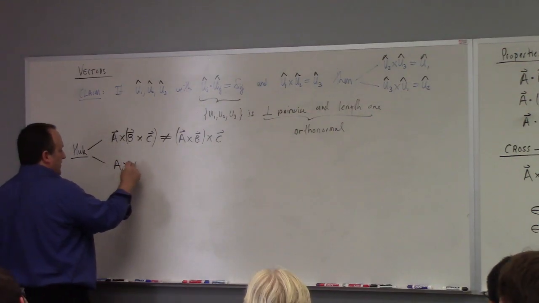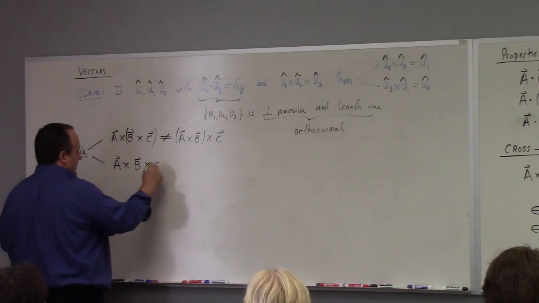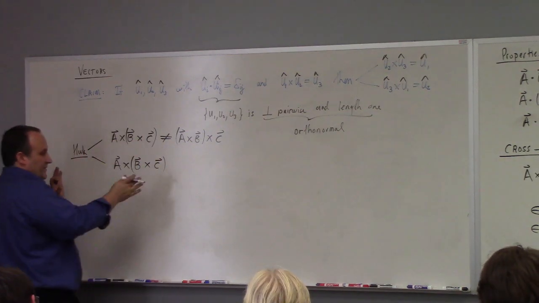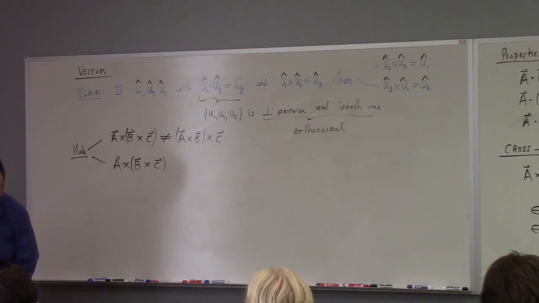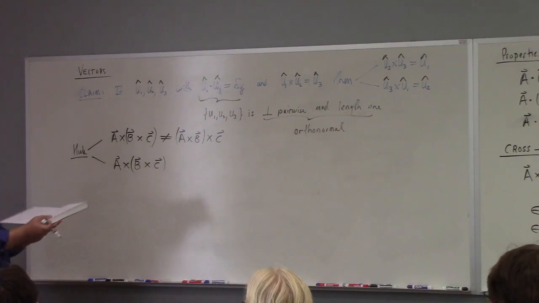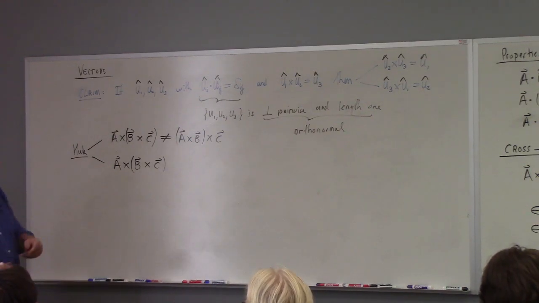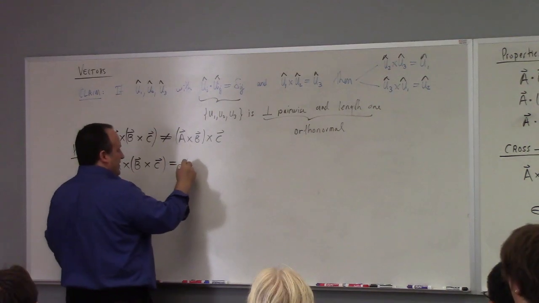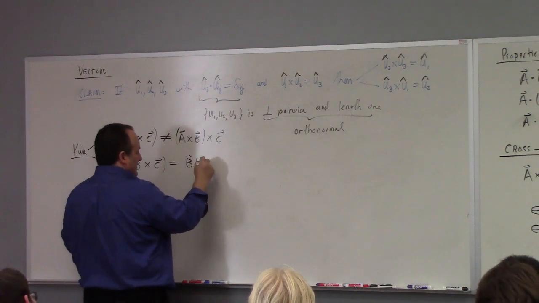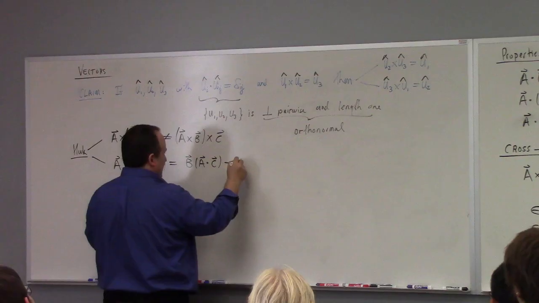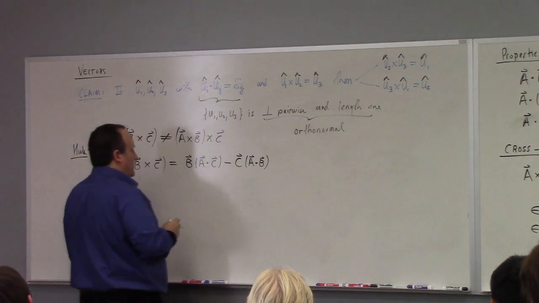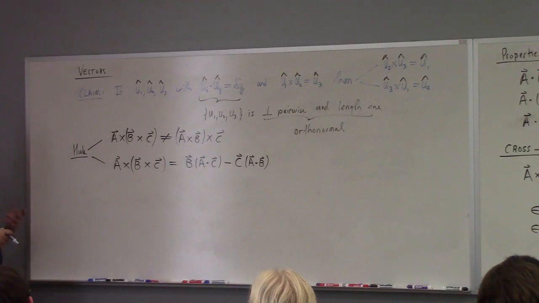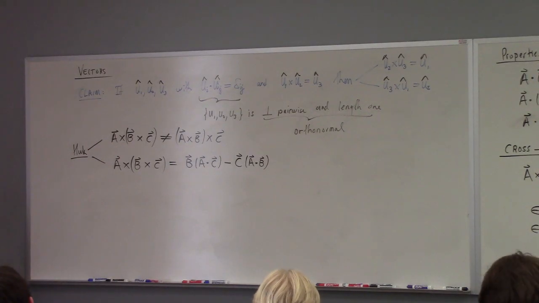So A cross (B cross C), the cross product of three vectors like this. It turns out, and this is on the front cover of Griffiths, he writes it as back cab: B times (A dot C) minus C times (A dot B). Now I don't usually write it that way because in mathematics we don't usually write scalar multiples on the right.